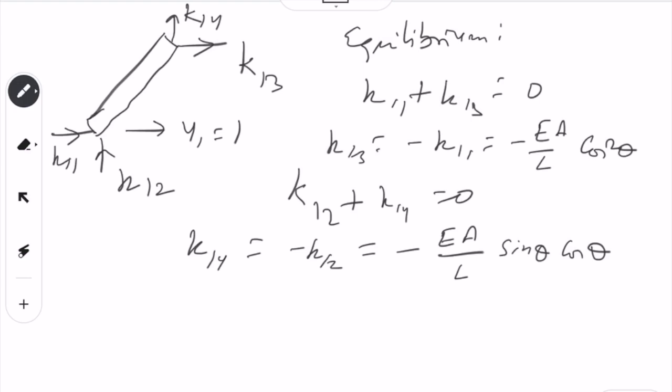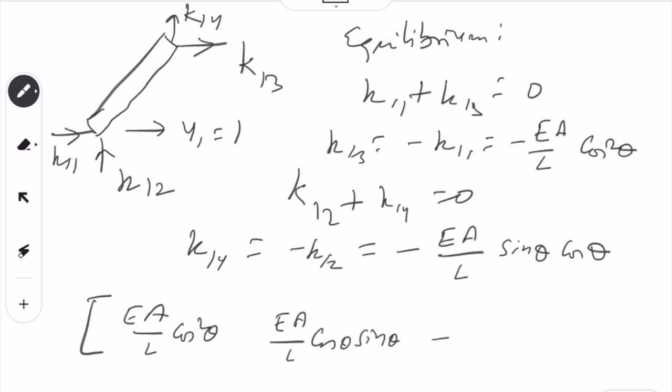So we have completed so far the first row of the big K matrix, and the first row is nothing but we got like this. So we have EA over L cos square theta, EA over L cos theta sine theta, then minus EA over L cos square theta, minus EA over L cos theta sine theta.